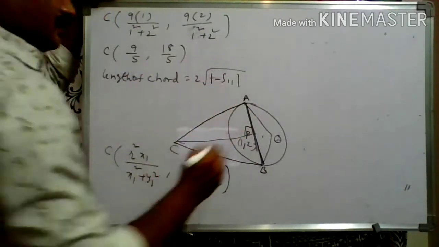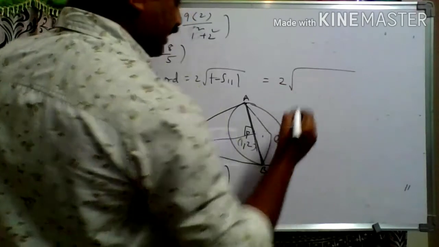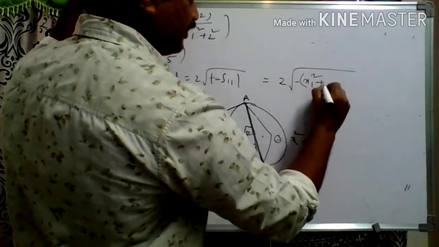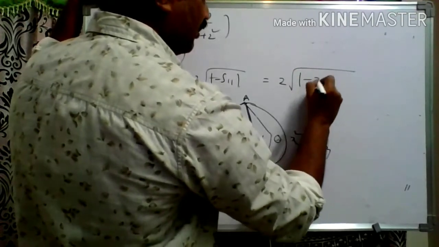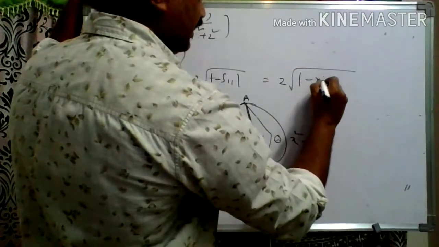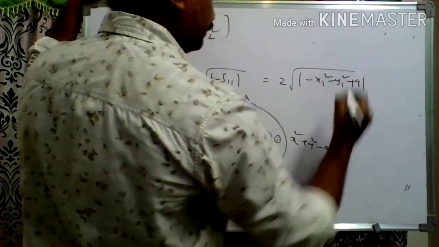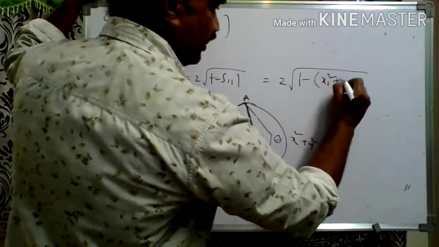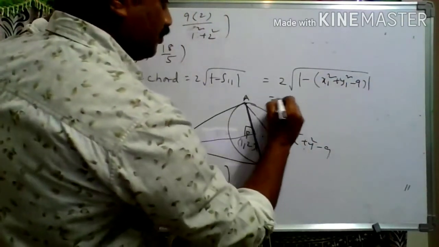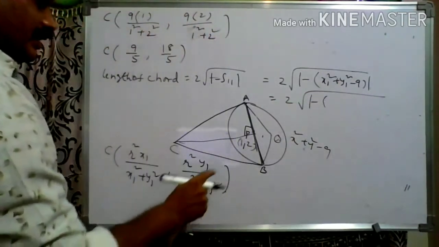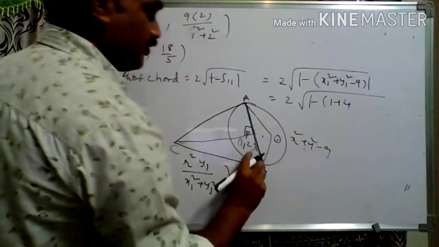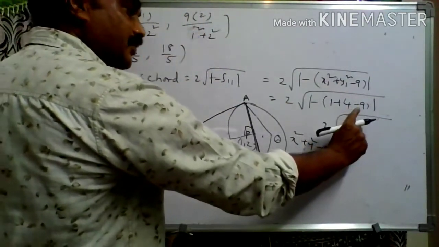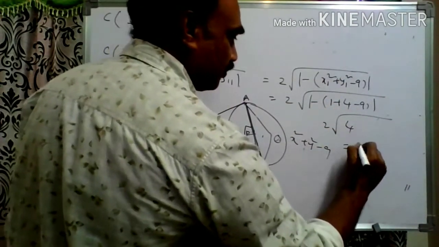For the circle x square plus y square is equal to 9, S11 is x1 square plus y1 square minus 9, so minus S11 is 9 minus x1 square minus y1 square. With x1 square is 1 and y1 square is 4, that is 5 minus 9, which is minus 4, so minus of minus 4 is 4, root 4 is 2, and 2 into 2 is 4.